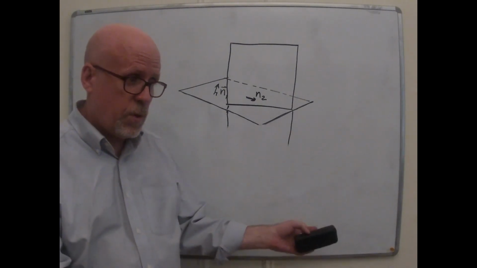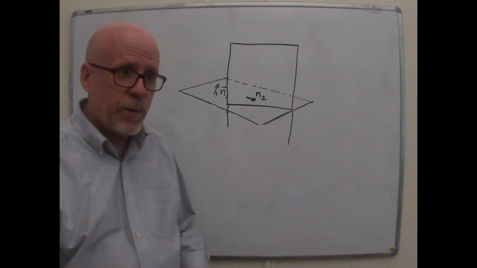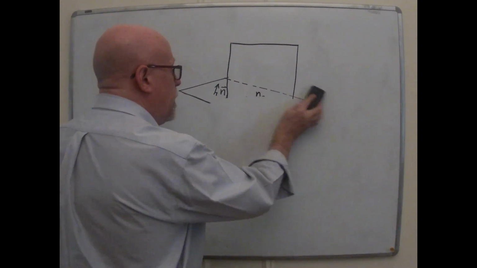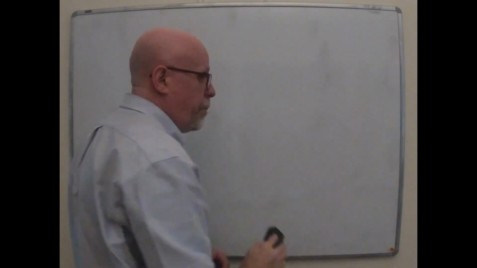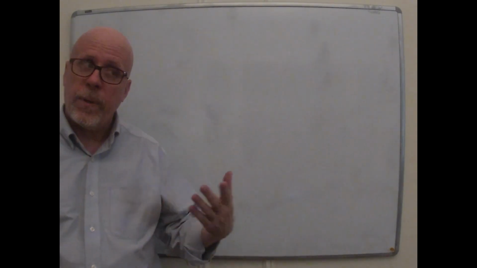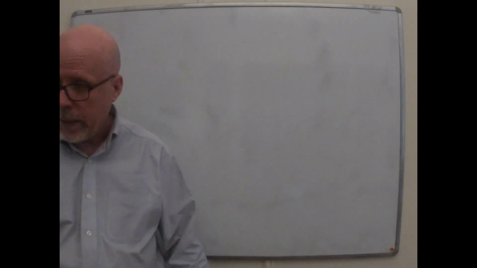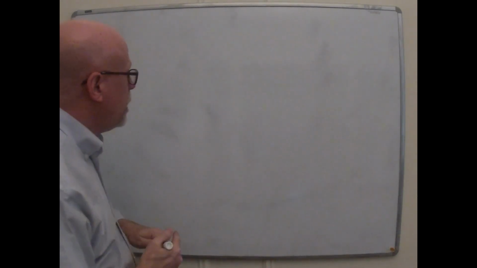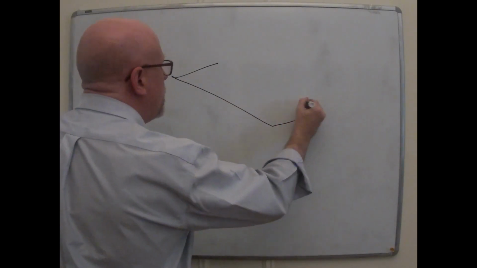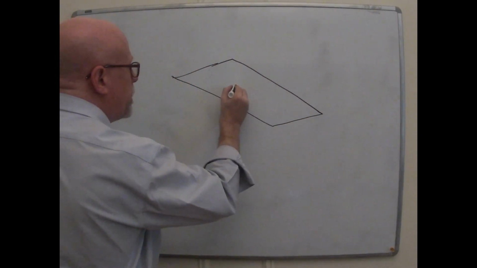The plane was described entirely in terms of its normal vector and any vector that lies in it. With a line, on the other hand, we had a parameter. Is there a parameter version of this stuff for a plane? And yes, there is. So let's imagine we have a plane, and here's a point that's in the plane.